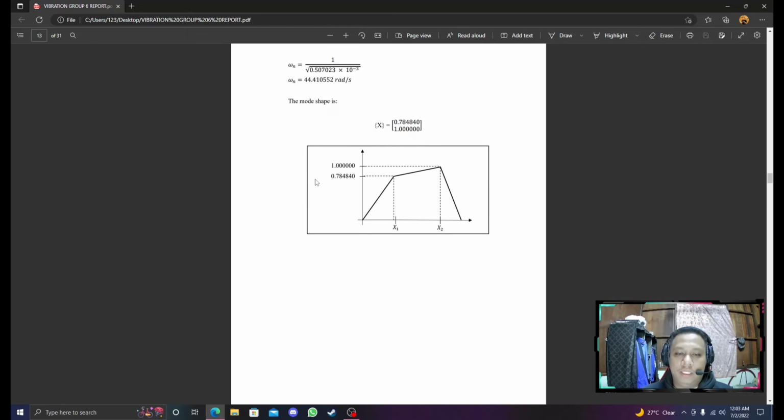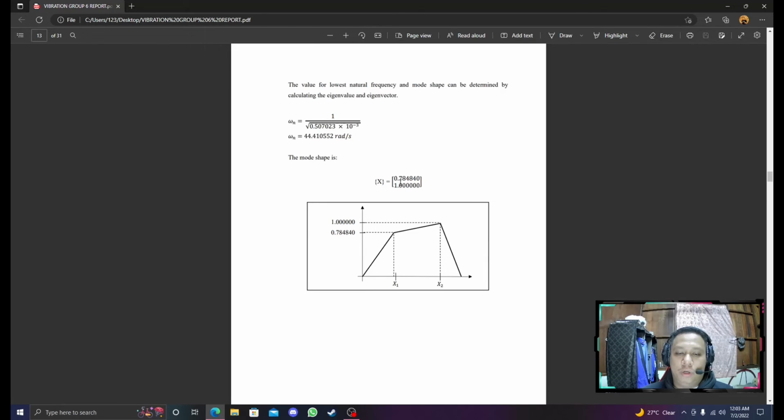The mode shape is x equals 0.784840 and 1.000000. This is the graph for the mode shape.